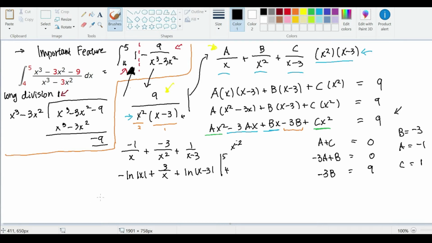So it will become negative ln 5 plus 3 over 5 plus ln 2 minus 3 over 4, minus, let's go, minus ln, I hate minuses, plus ln 4, yay, I love it.